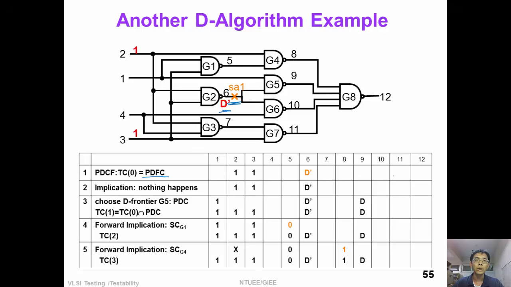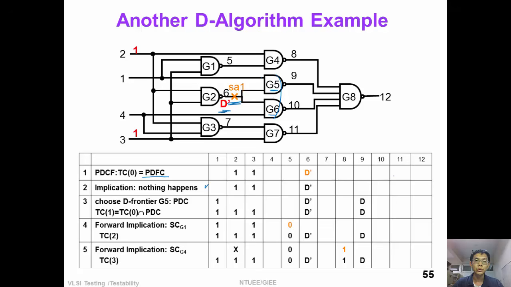So now we activate this fault, and then we perform implication, but nothing happens. Now we have 2 D frontiers to choose from. One is gate G5, the other one is gate G6.